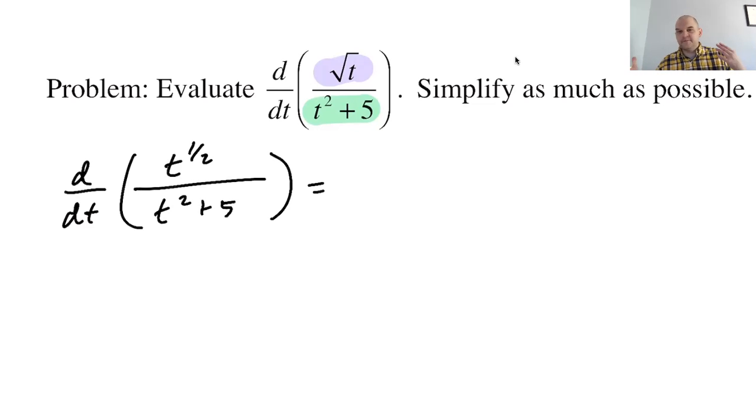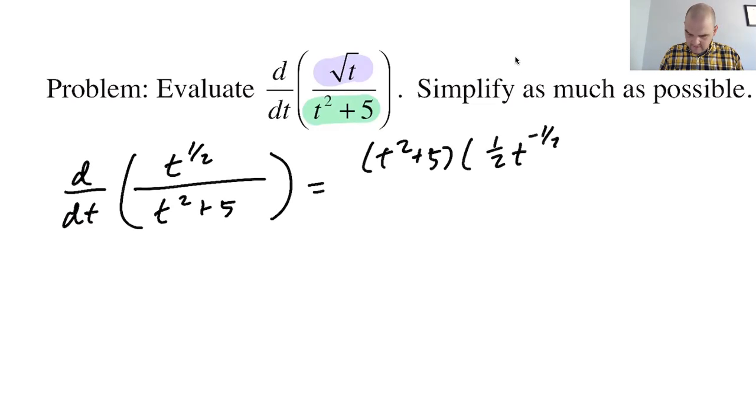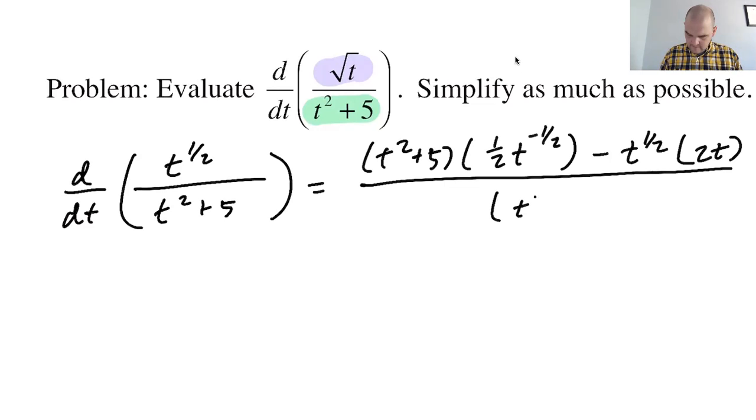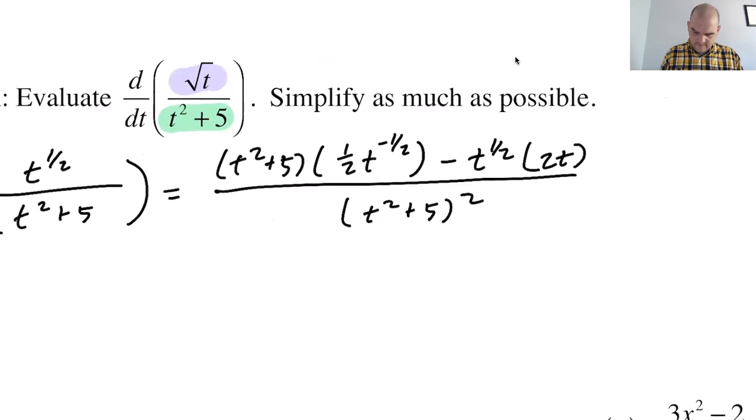Okay, here we go. Bottom, derivative of the top, which is kind of gross, 1/2 t to the negative 1/2, minus top, t to the 1/2, derivative of the bottom, all over the bottom squared. All right, should we highlight? I guess so.